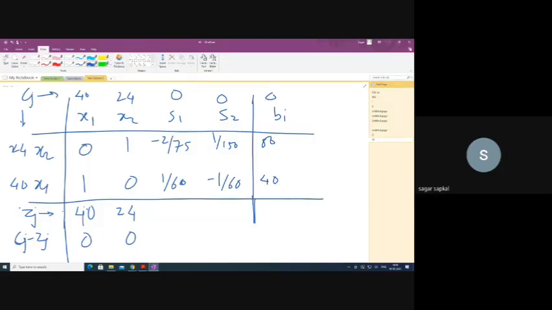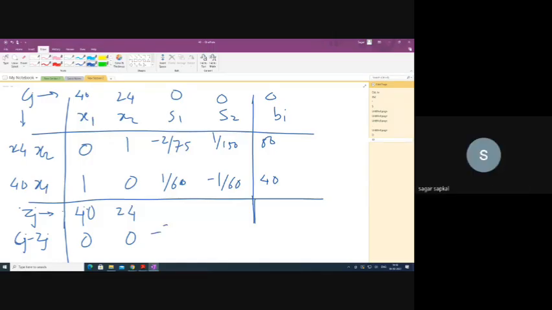So can you tell me Cj minus Zj directly? Minus 2 by 75. 38 by 75. Where? Below S2 or S1? Below S1 minus 2 by 75.